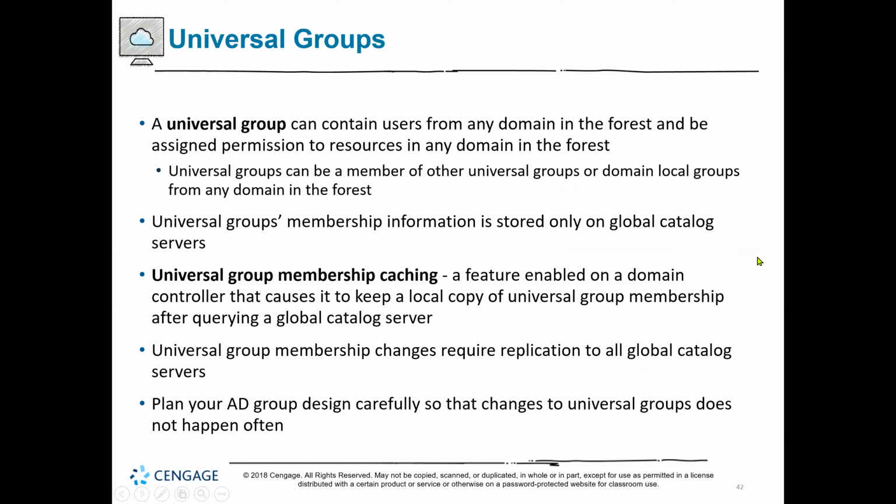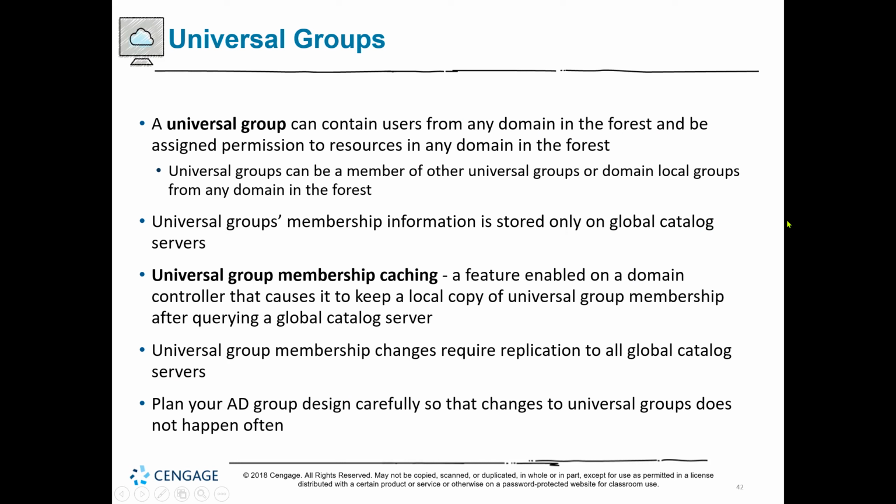A universal group can contain users from any domain in the forest and be assigned permission to resources in any domain in the forest. Universal groups can be a member of other universal groups or domain local groups from any domain in the forest. Universal group membership information is stored only on global catalog servers. Universal group membership caching is a feature enabled on a domain controller that causes it to keep a local copy of universal group membership after querying a global catalog server.